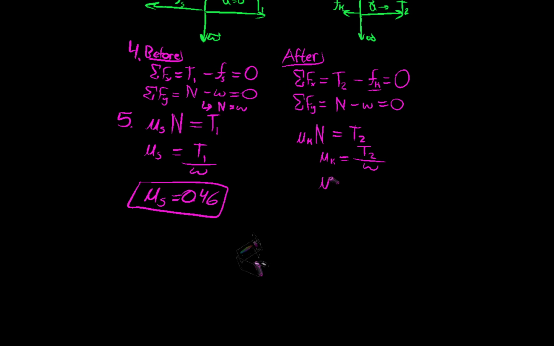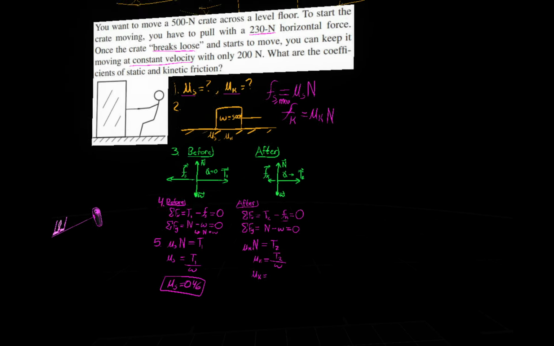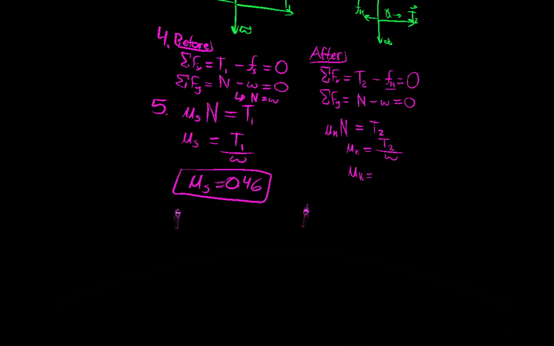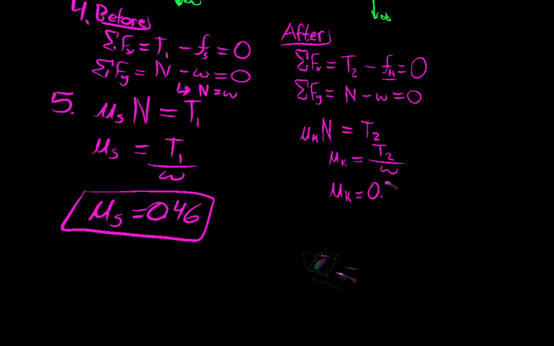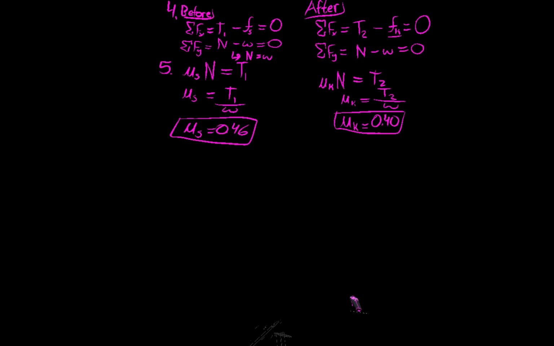And then mu sub k, if you calculate that, is equal to, what did I get there? 0.40, my notes got very far away. 0.40. All right. So you might need to have a before and after scenario if you're dealing with both. And hopefully that illustrated how both of those come into play.